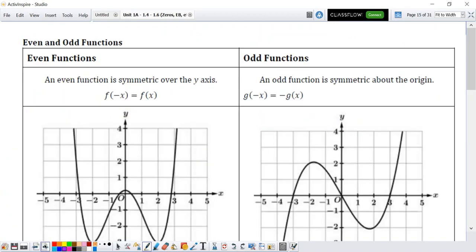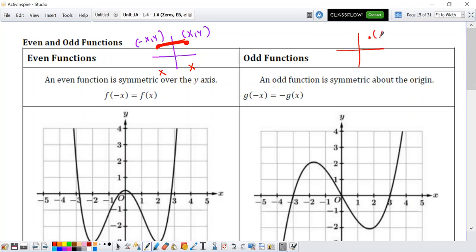Now, the second part of this is we are going to talk about odd and even functions, which you have learned many times in Algebra 1 as well as Algebra 2. So, even function means if you have a point (x, y), you must have a matching point (-x, y), which means if you replace x with -x, the y value is the same. So if you have a point in the first quadrant, you must have a matching point in the second quadrant. So remember, even function means the same y value when x is replaced by -x.